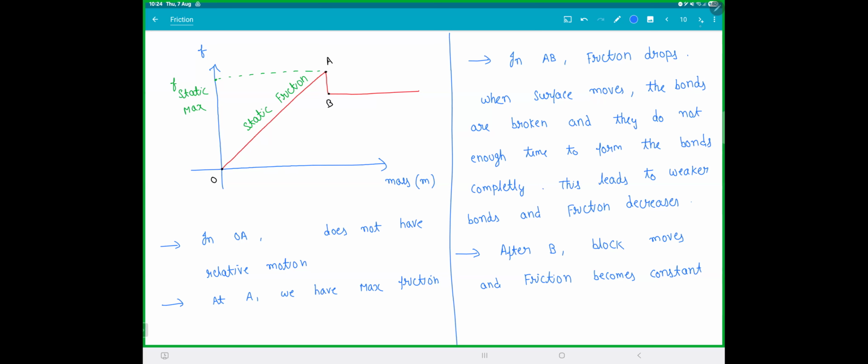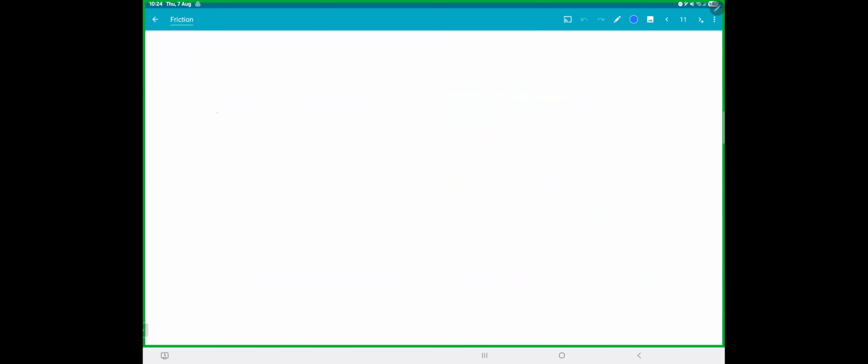And then again, from all these experiments, when you try to figure out the value, what these people found out is that the maximum value, the peak value, you can find from a graph. This F static maximum value is proportional to the normal reaction.